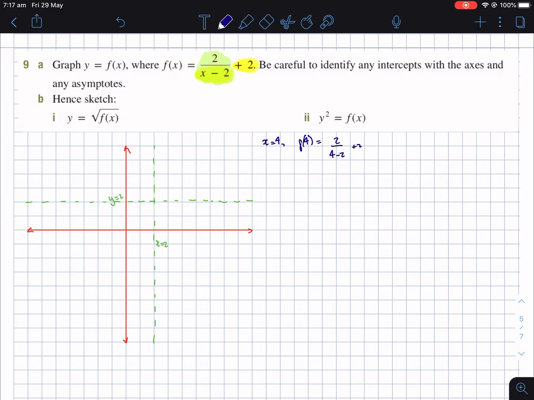So it's 2 over 2, plus 2, so it's 3. So when x equals 4, y equals 3. So that's one point we can aim for.